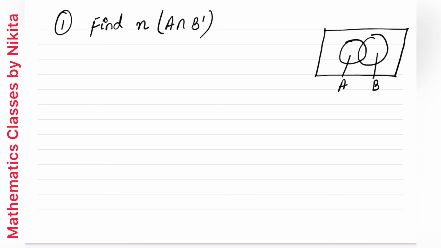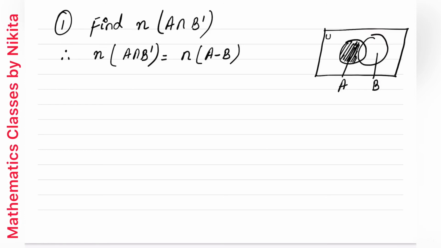B complement means all the elements which are in U but not in B. Take its intersection with A, so you will get this thing. And this set is nothing but A minus B. So therefore, you can see from the Venn diagram that n of A intersection B complement is the same as the number of elements in A minus B. Are you getting it from the Venn diagram how I have calculated this?